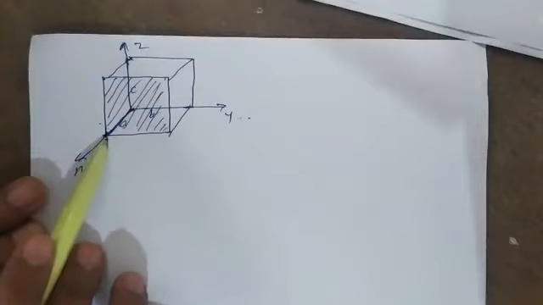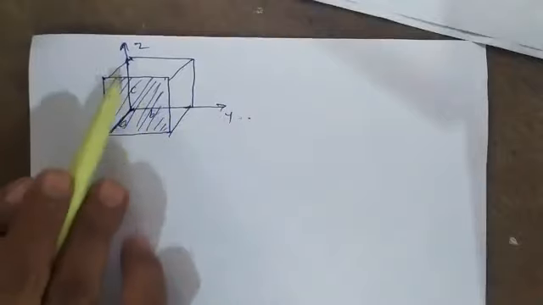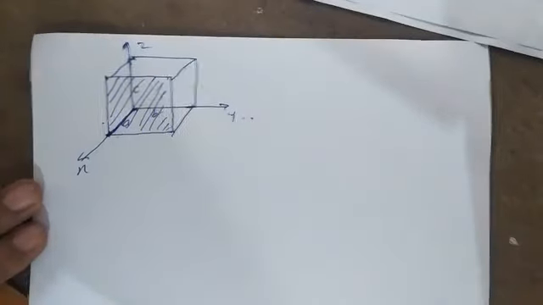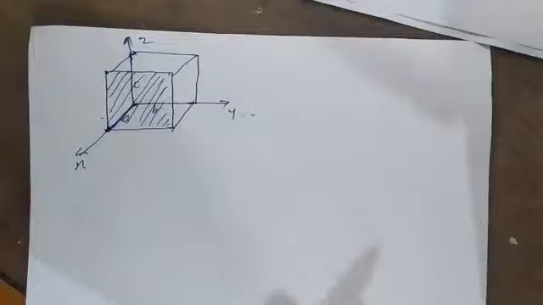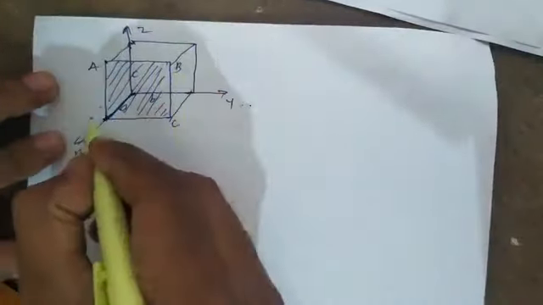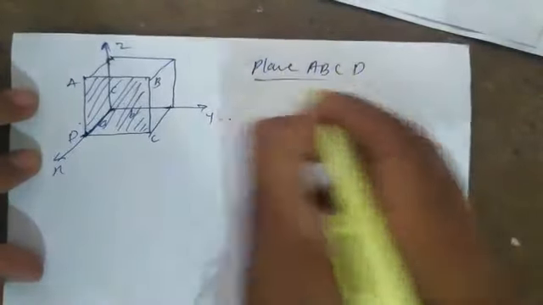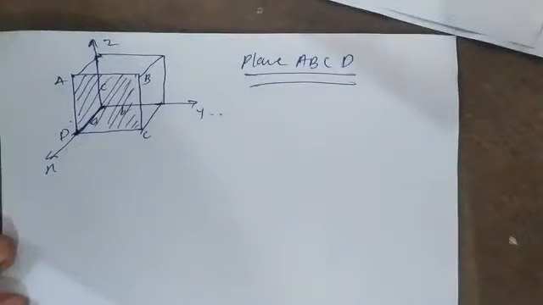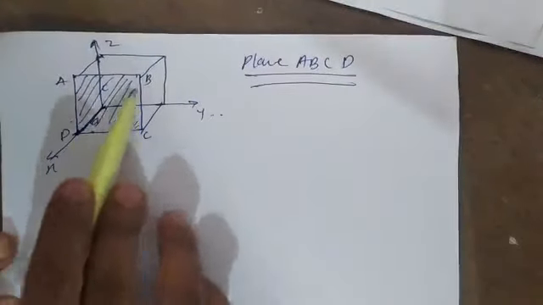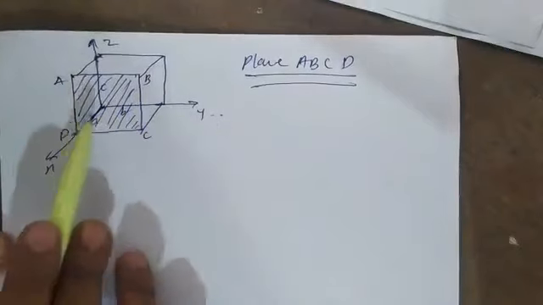This plane touches the x-axis at point a, the y-axis at infinity, and the z-axis at infinity. Suppose this plane is ABCD. We have to find the Miller indices of this plane ABCD. Whenever a plane is parallel to some axis, that plane touches that axis at infinity.